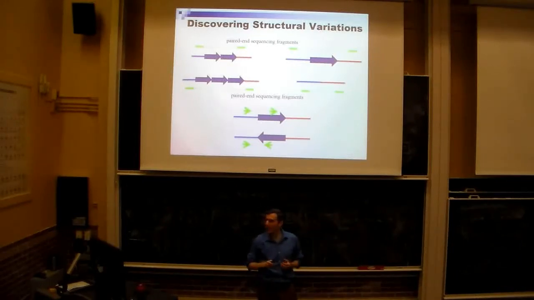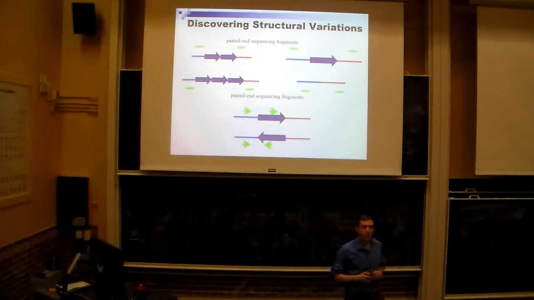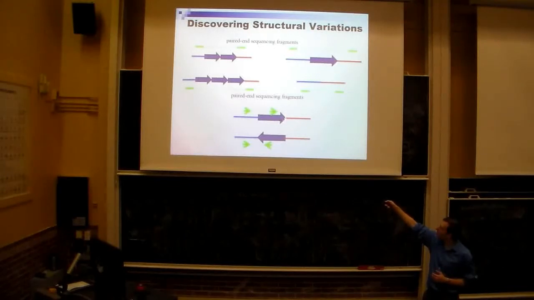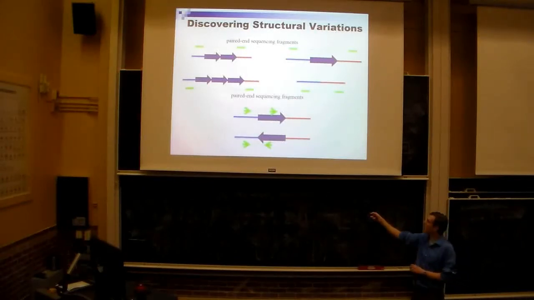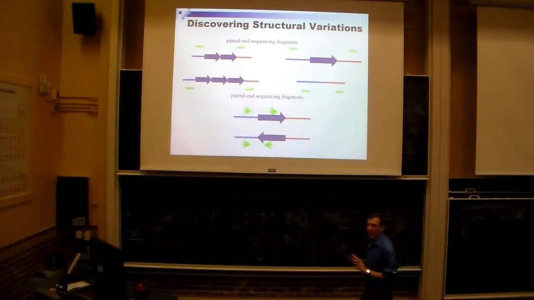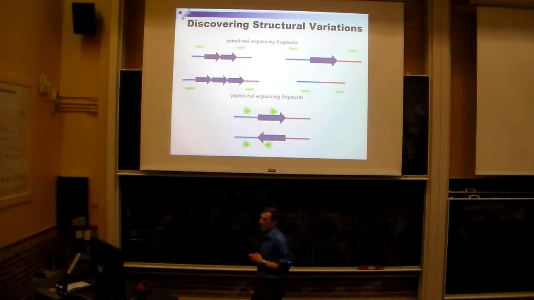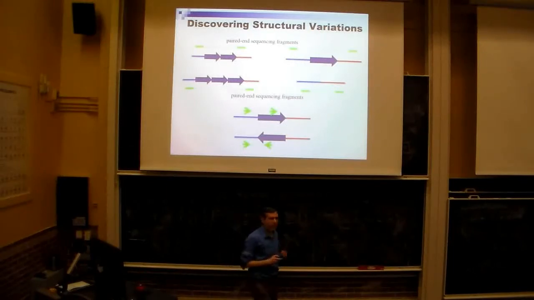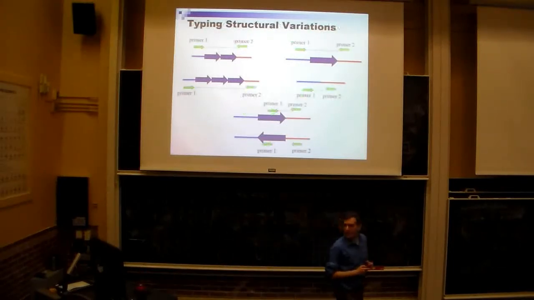You would also, in the case of an inversion, typically get a discrepancy in the distance between these, because something that maybe is close to the 5' end of, or let's say close to the 3' end of this, would be moved further to the left in this version of the genome than this one. So you could also put together that evidence and figure out that you were looking at an inversion variation. But that basically is how we find these out.